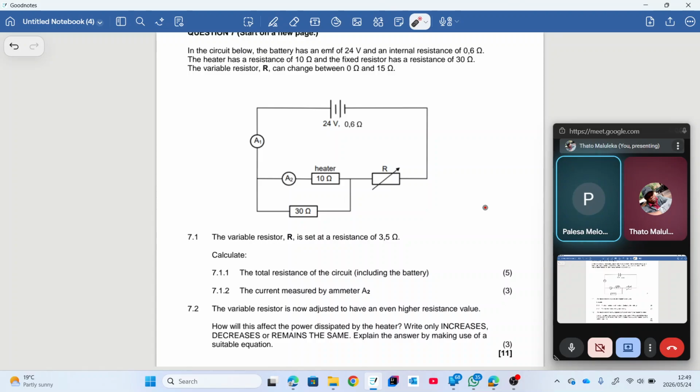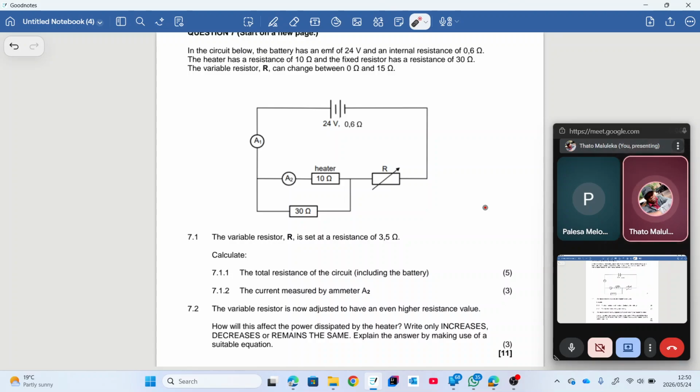Okay, I've read through the question. Okay.